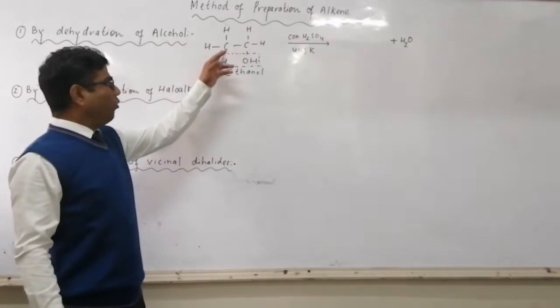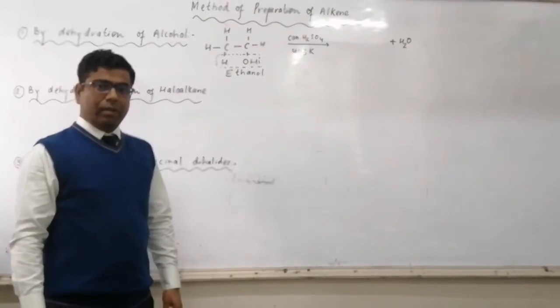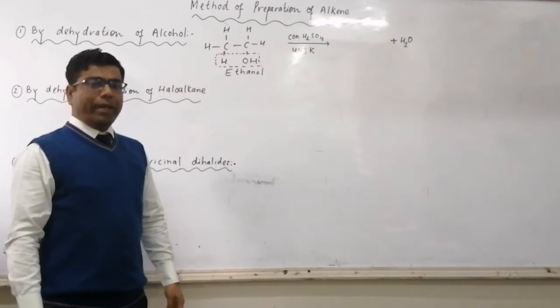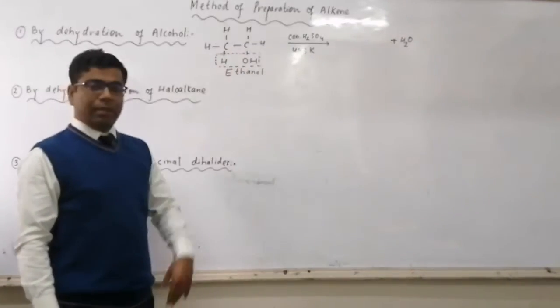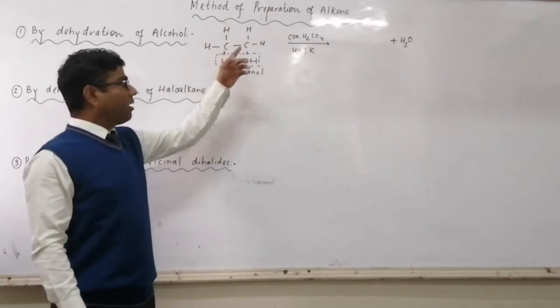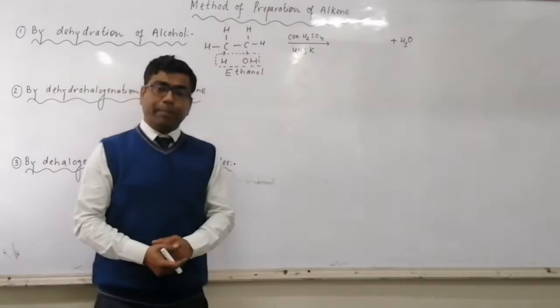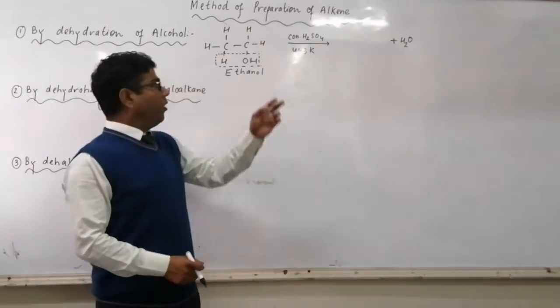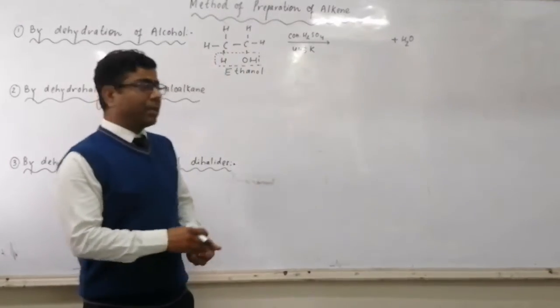Now, when one H is removed from carbon, it creates a bond deficiency of 1 over this carbon. When OH unit is removed from this carbon, it creates a bond deficiency of 1 over this carbon. So, both the carbon atoms are one bond deficient. So, for satisfying their bond deficiency, there will be formation of new bond between the carbon-carbon atom.